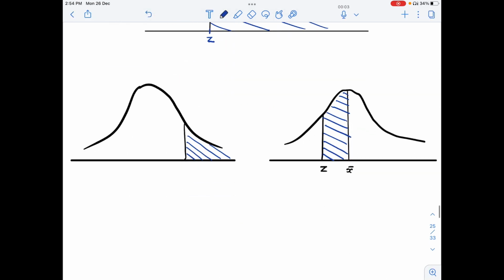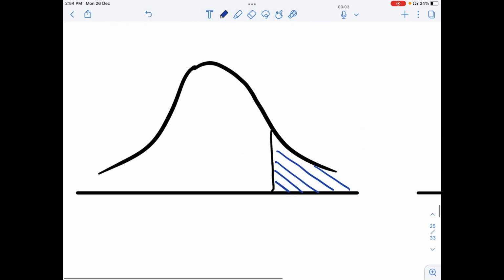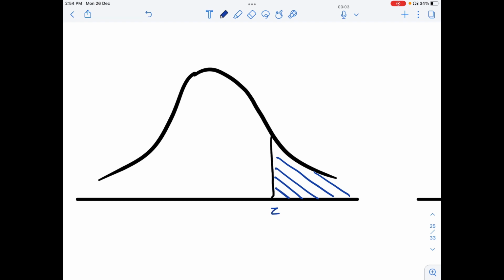For this z, this will be the body, right? And the other portion that is left behind, that is shorter, is known as the tail of the normal distribution curve.